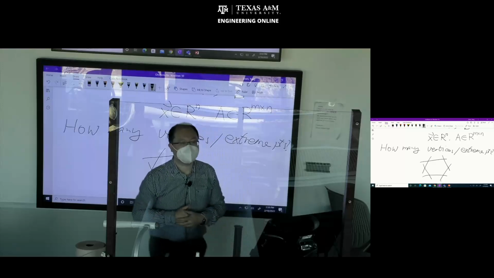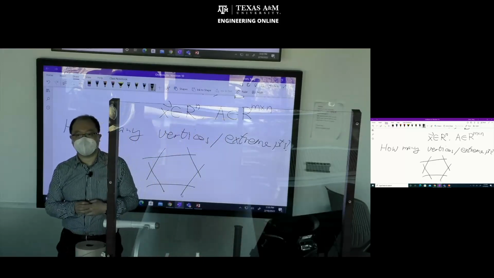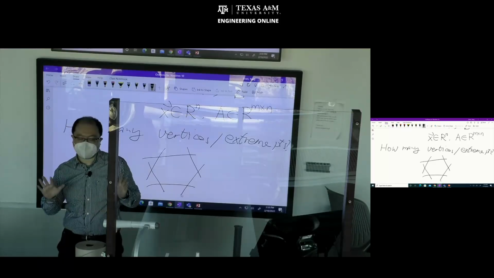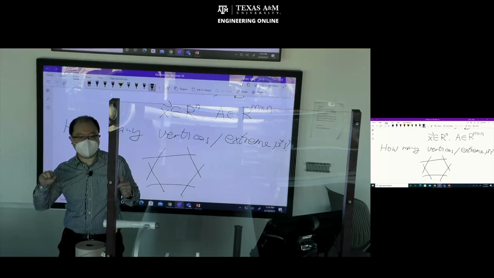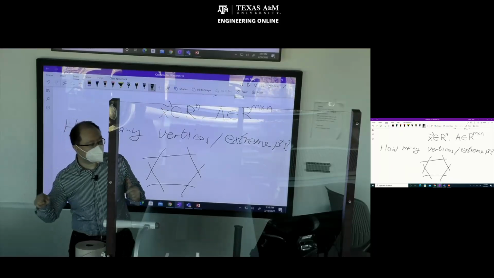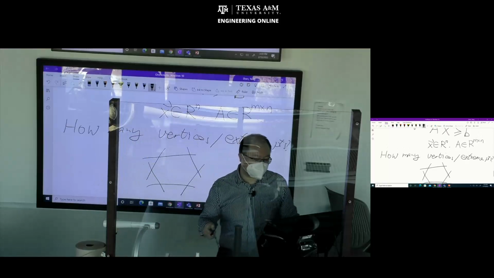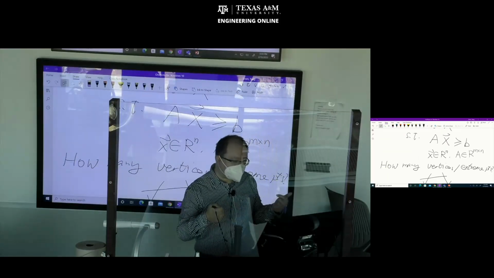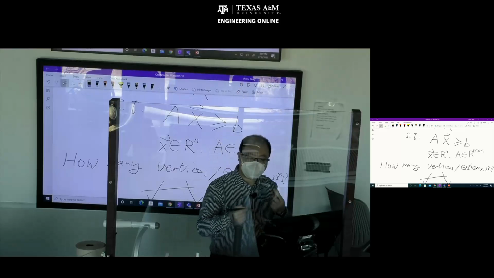Intersection of some number of equalities, right? In the terminology of optimization, we say that that constraint is active, meaning that it's strictly equal.